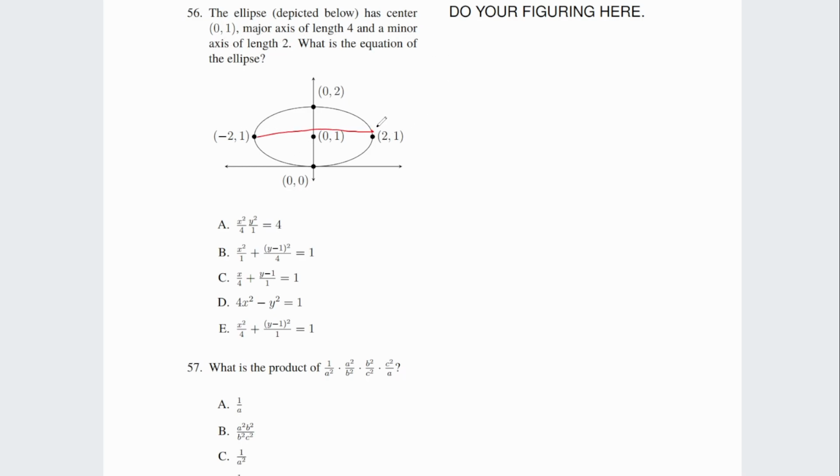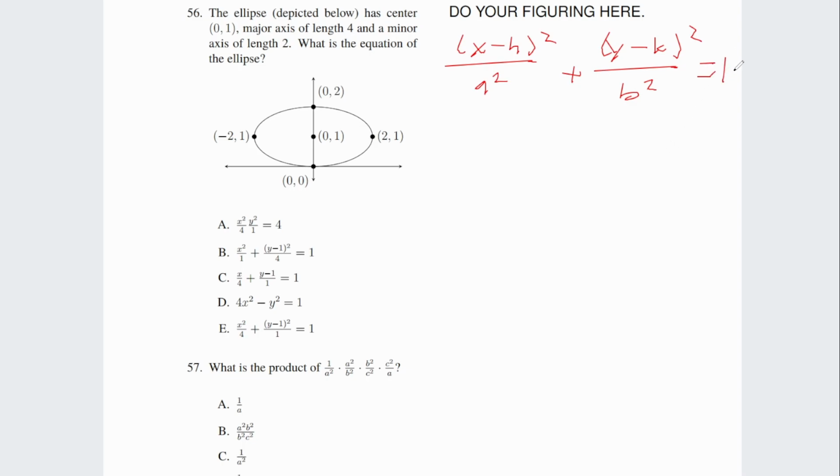Question 56 asks, the ellipse depicted below has a center 0, 1, a major axis of length 4, major axis here of length 4, and a minor axis of length 2, this axis length 2. What is the equation of the ellipse? So we know that the equation of an ellipse is going to be x minus h squared over a squared, all of that, plus y minus k squared over b squared.